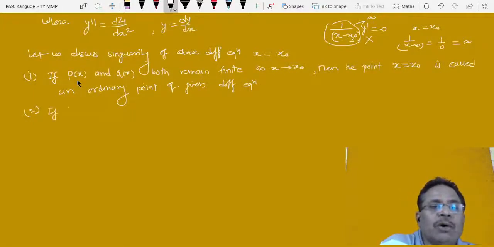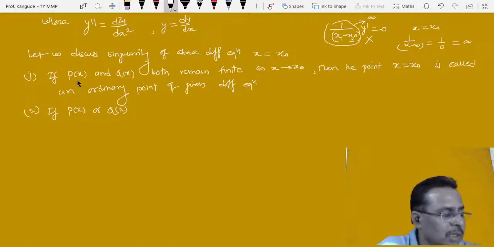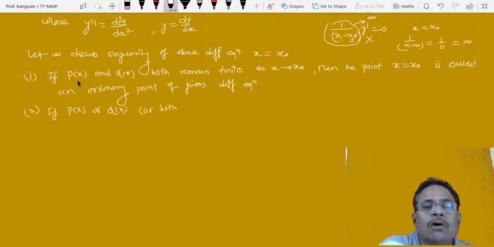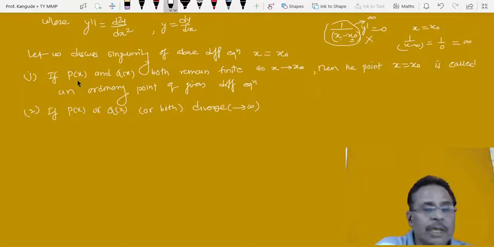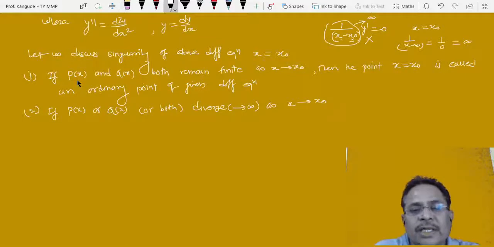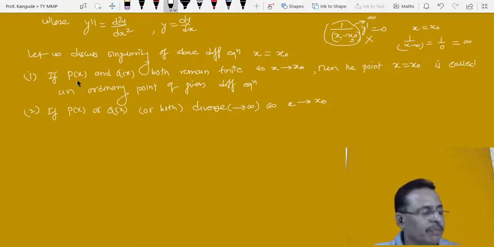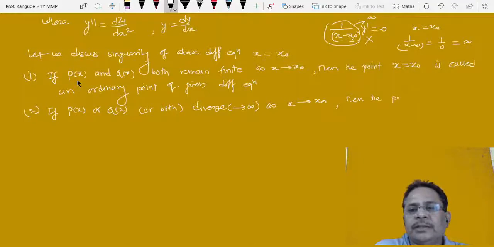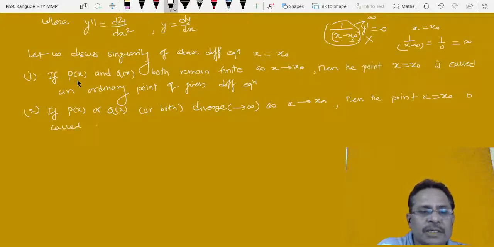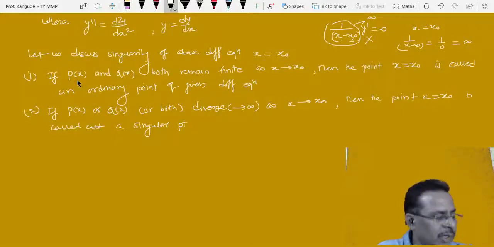Second, if p of x or q of x or both diverge, meaning tend to infinity, as x is taken to be x0, so as x tends to x0, either p of x or q of x or both diverge, then the point x is equal to x0 is called a singular point of the given differential equation.